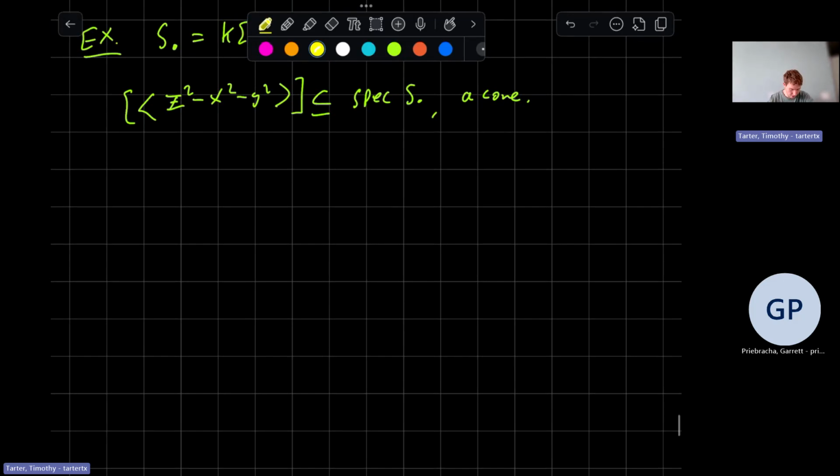So motivated by the affine case, let T be a set of homogeneous elements, and I'll call these maybe H1 through HR, of the graded ring.